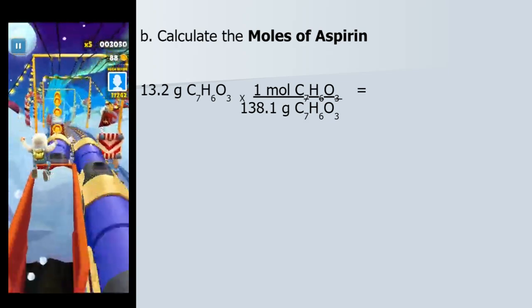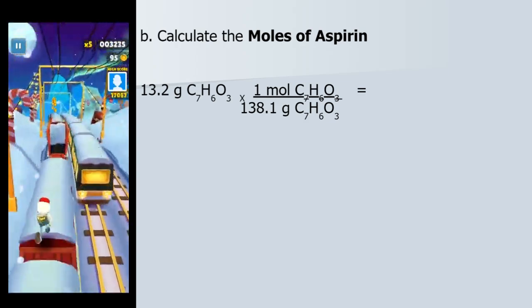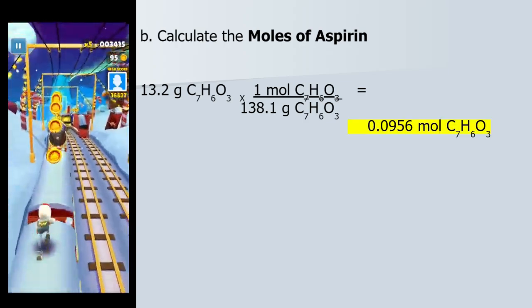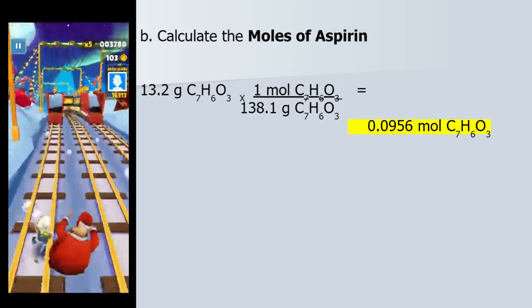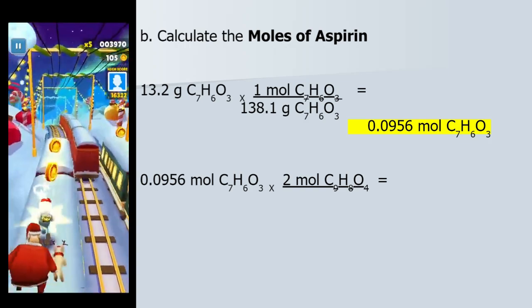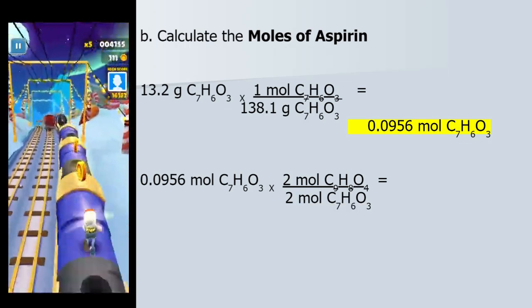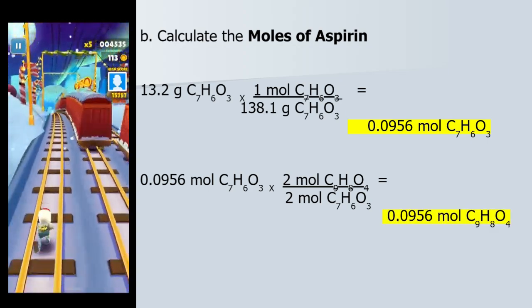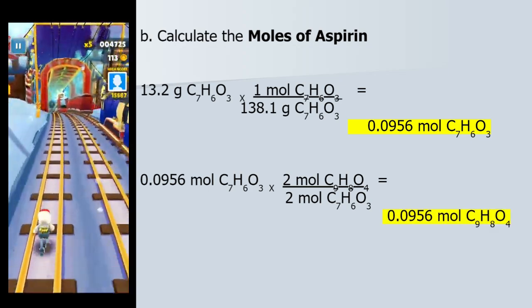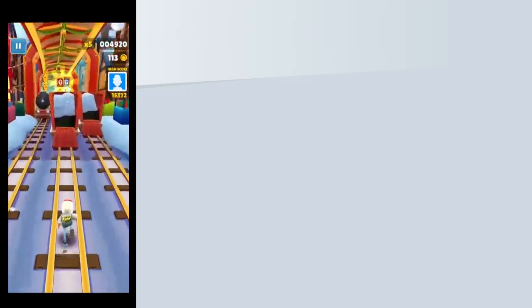So we'll do this by dividing by its molar mass and getting 0.0956 moles of C7H6O3. Then we take that mole and multiply it by the mole ratio of our products, and we'll get 0.0956 moles of C9H8O4.